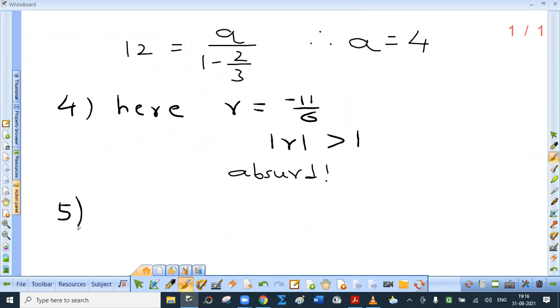Fifth is important. The sum of an infinite GP is 5 and the sum of squares of these terms is 15. Find the geometric progression. Okay. Read on. I'll dictate the initial part.